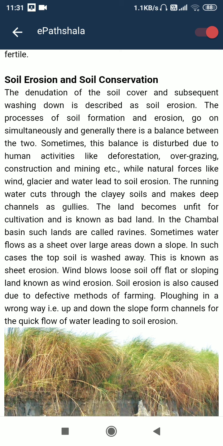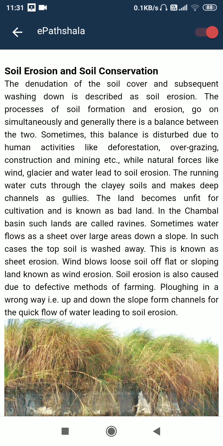Sometimes this balance is disturbed due to human activities like deforestation, overgrazing, construction and mining, etc., while natural forces like wind, glacier and water lead to soil erosion. The running water cuts through the clayey soil and makes deep channels as gullies. The land becomes unfit for cultivation and is known as bad land. In the Chambal basin, such lands are called ravines.